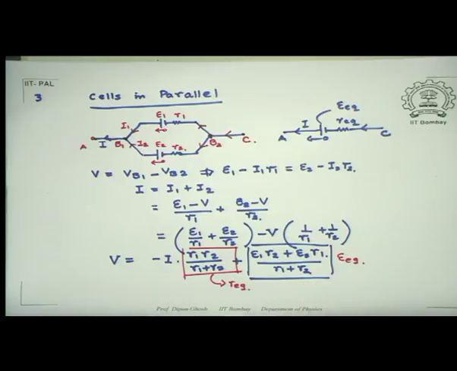So therefore now look at what I am getting. So my R equivalent is the same expression as what we got for the parallel combination of resistors. So therefore let us write it down.